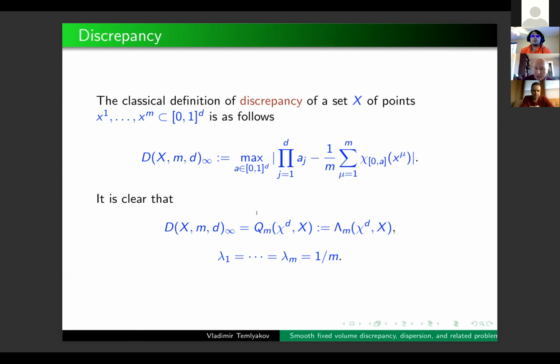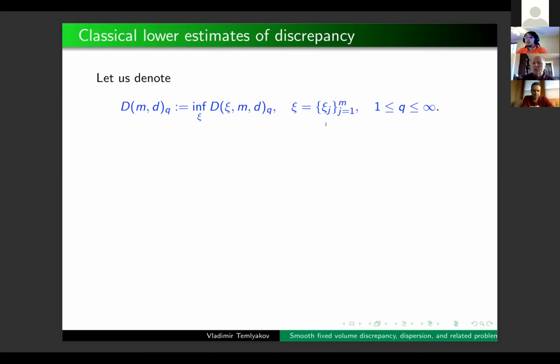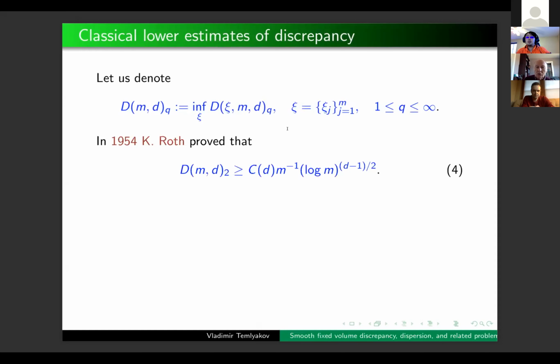In other words, how to distribute these points in the unit cube? One can say kind of uniformly, but in this sense, the most uniform distribution of these points. This is what we do. And these are the known results. The first result, which basically started the whole discrepancy theory direction, was a result by Klaus Roth in 1954. And he proved the lower bound for any dimension d, a lower bound like this.